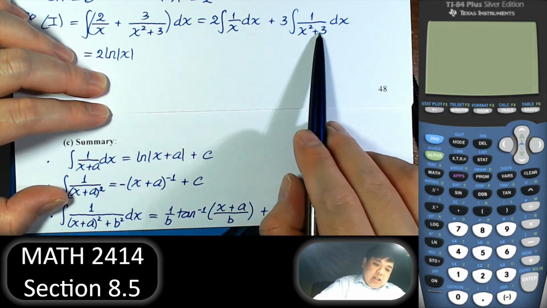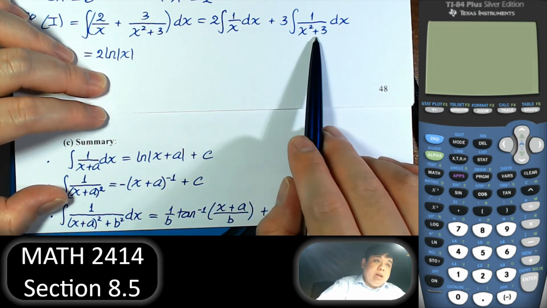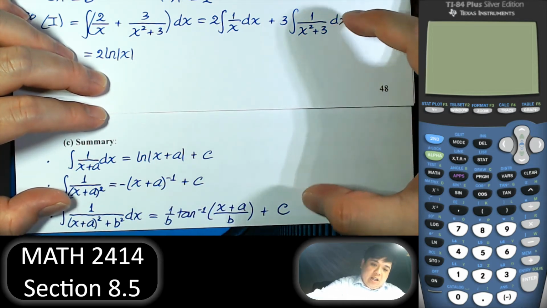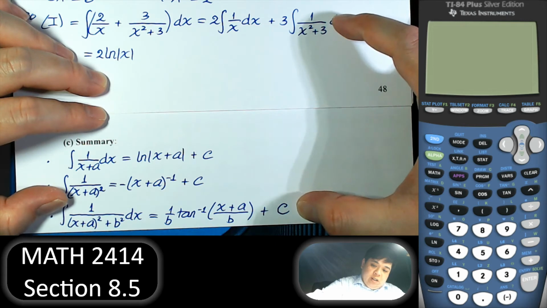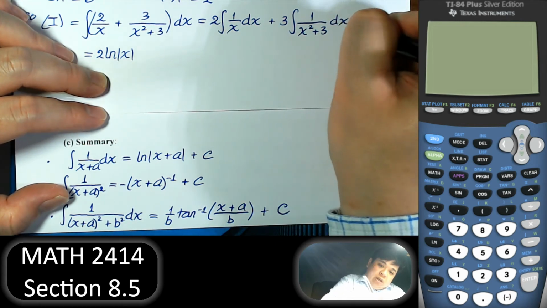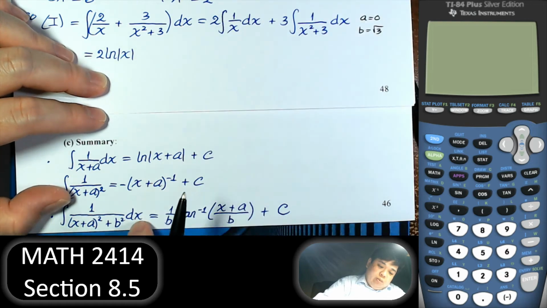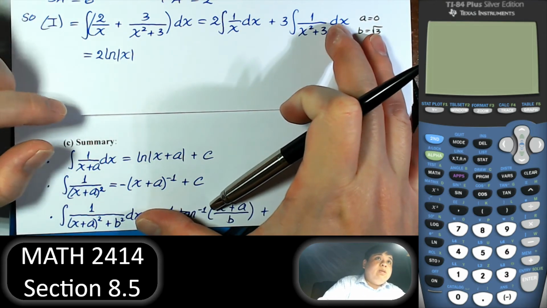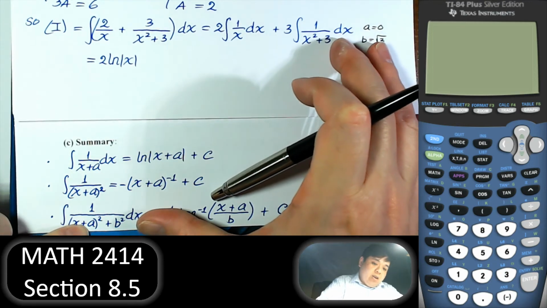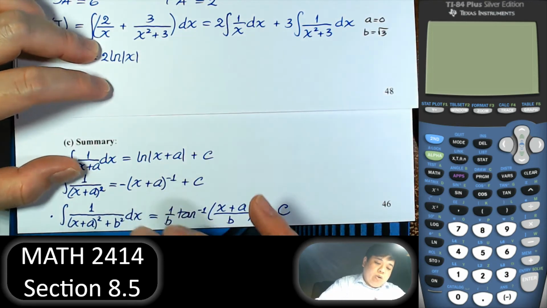B squared is 3, so b is square root of 3. A is equal to 0 and b equal to square root of 3.